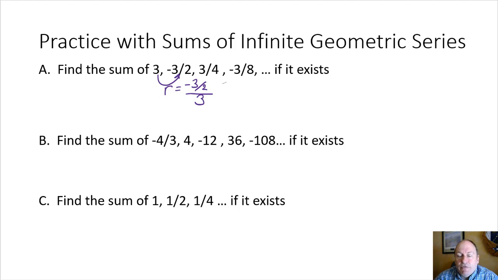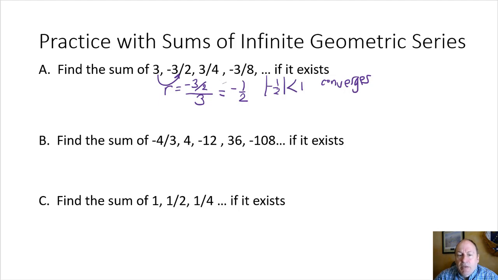When we divide -3/2 by 3, we get -1/2. Each time the term is being multiplied by -1/2 to get to the next term. And so since the absolute value of -1/2 is less than 1, this converges. So it is going to have a sum that it converges to.